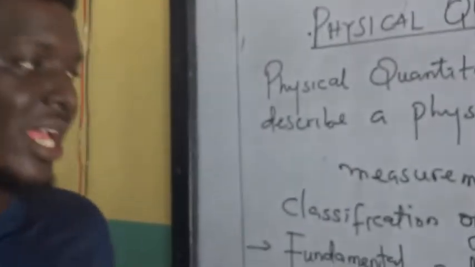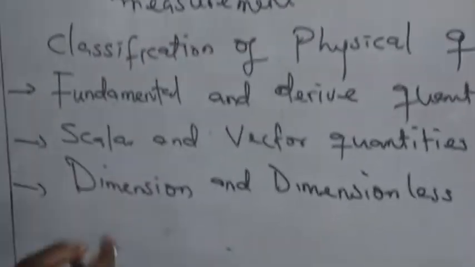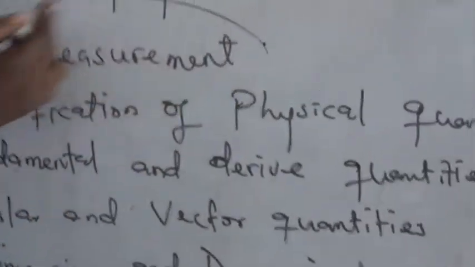From all this classification, we are actually saying quantities. You know at the back of your mind that whenever we have the word quantities, we talk about what? Measurement. Now, we're going to be taking it one after the other.